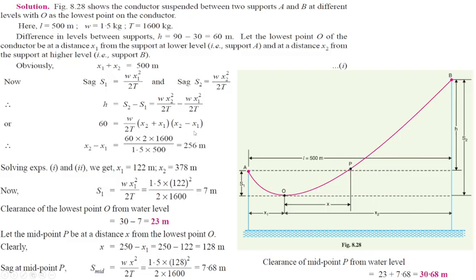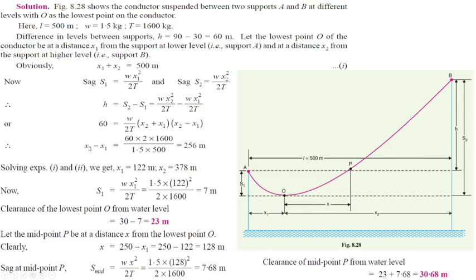So x2 minus x1 can be calculated. We have two equations and two variables: x1 plus x2 is equal to 500, and x2 minus x1 is equal to 252.